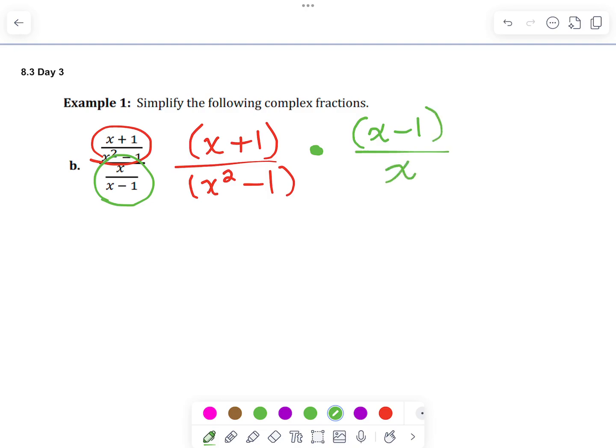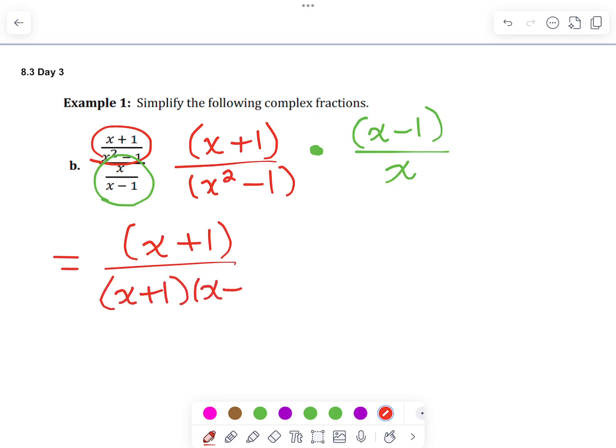And then we multiply across. So before we multiply across, we have a factoring we can do in the first fraction's denominator. We can factor that by the difference of two squares. So we have x plus 1 and then x minus 1. Second fraction just stays as x minus 1 over x.